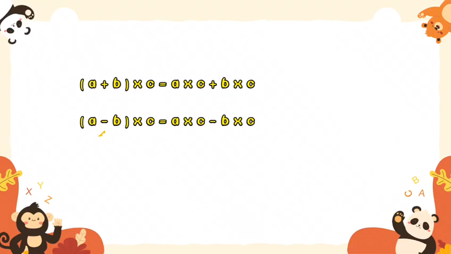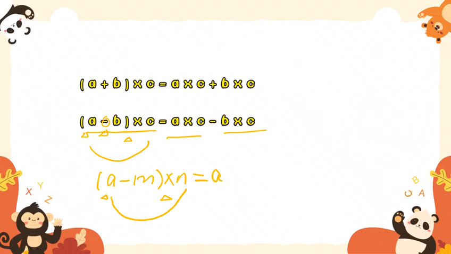Like here, if this is minus, then when you drop the bracket, it's A times C minus B times C. Okay, like A minus M times N. If you drop the parentheses, it will be A times N, AM, and minus M times N. Yeah, that's all.